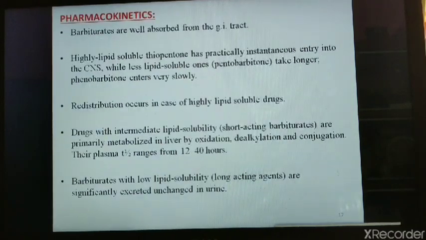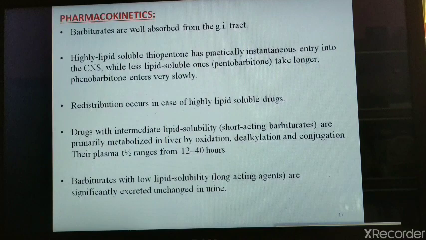If we look into the overall pharmacokinetics of barbiturates, we find that barbiturates are well absorbed from the GI tract, and lipid soluble barbiturates like thiopentone have instantaneous entry into the CNS, whereas those with low lipid solubility take longer time.